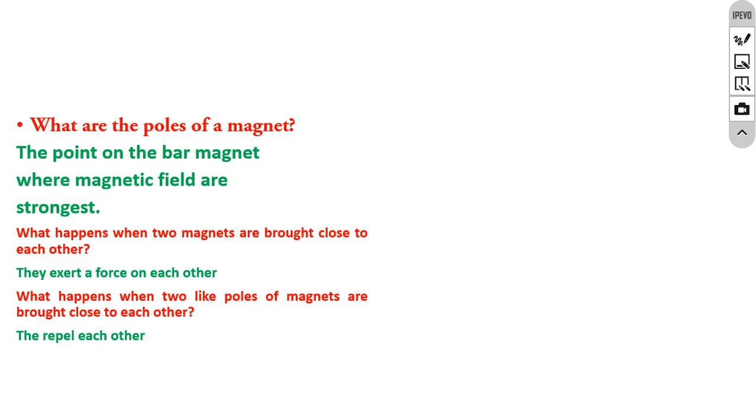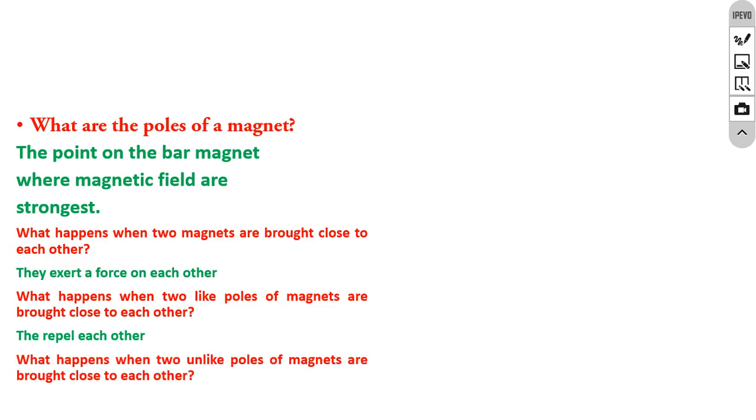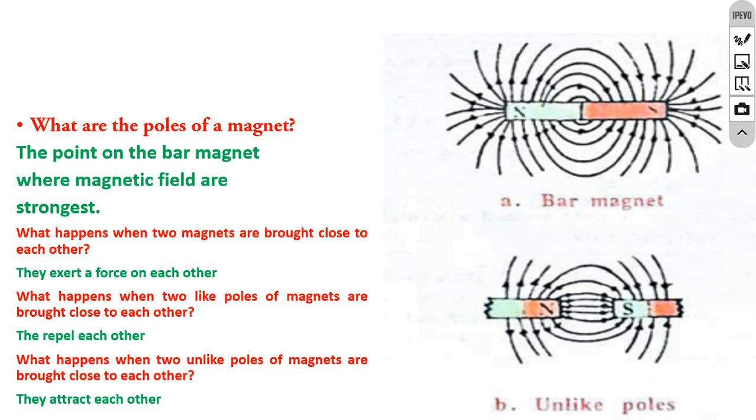If I bring the south pole close to the south pole of another magnet, they will also repel because they are like poles. What happens when two unlike poles of magnets are brought close to each other? They attract each other.